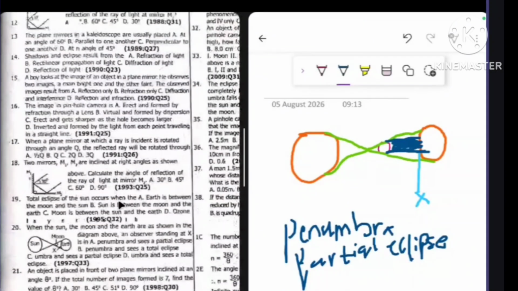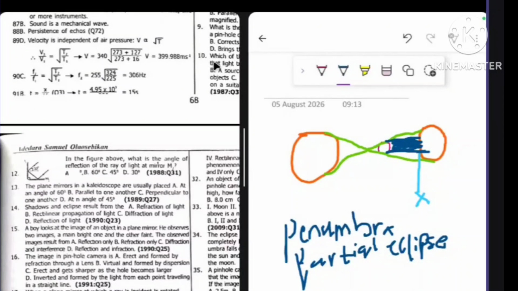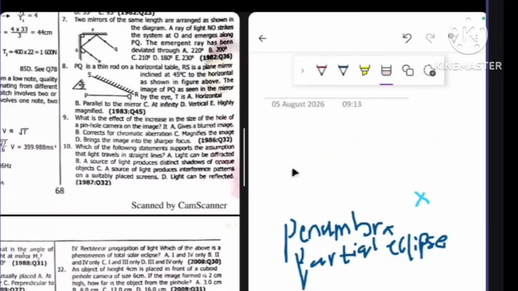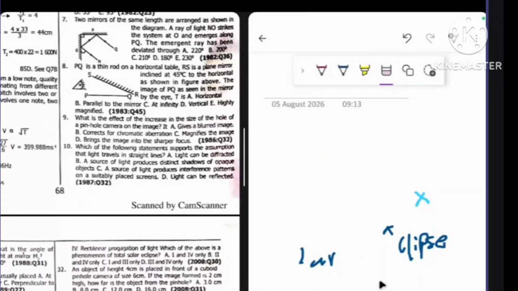So let's see, we have another one here. Okay, good. Question 9 says, what is the effect of the increase in the size of the hole of a pinhole camera on the image? Yes, who can tell me?